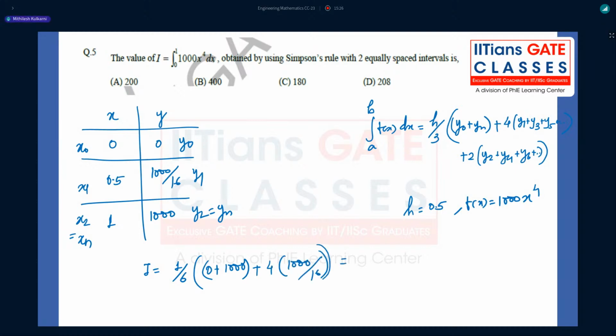On further solving, 4 times 1000 divided by 16 is 250, plus 1000 gives 1250, divided by 6. We'll get around 208 point something. So option D is correct in this case. I hope it's clear. Feel free to ask if you have any doubt.